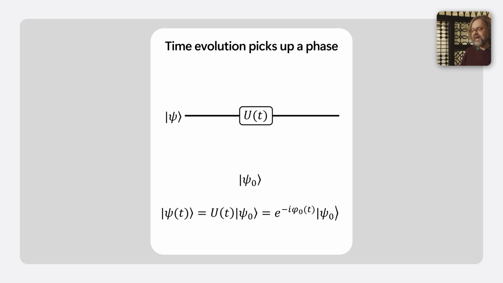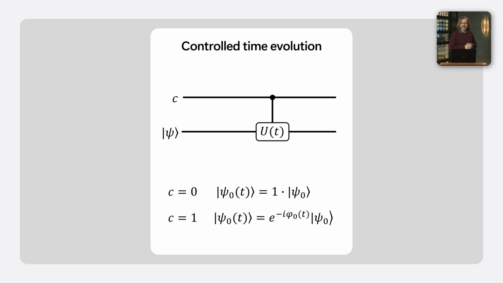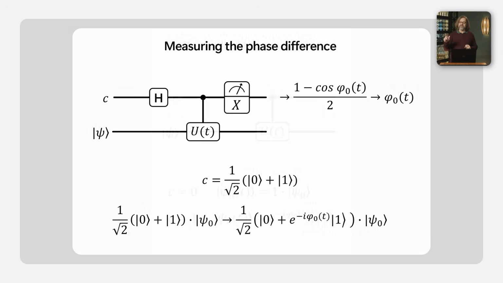Now, well, it's not that simple, because I cannot observe the phase of a wave function. But what I can do is observe phase differences. Hence, let me add another control qubit. If the control qubit is 0, I don't touch my wave function, it stays as it was. If the control qubit is 1, I propagate it in time and it picks up the phase. Now I put the control qubit into a quantum superposition of 0 and 1.